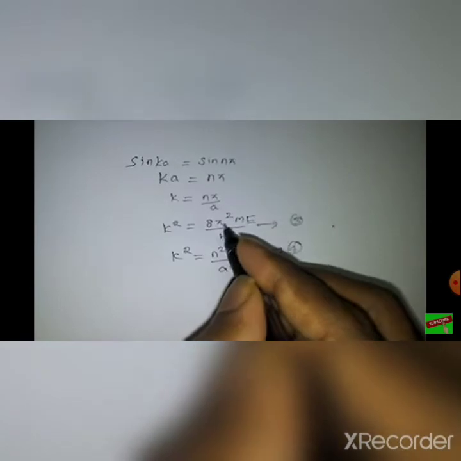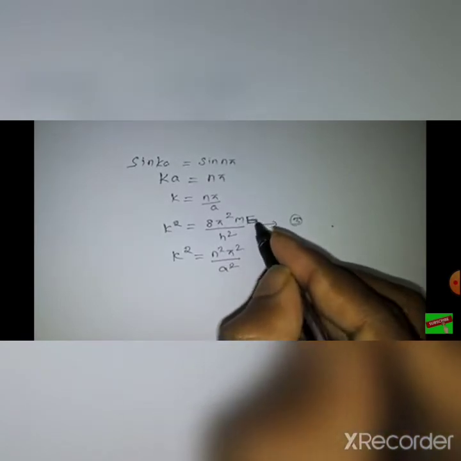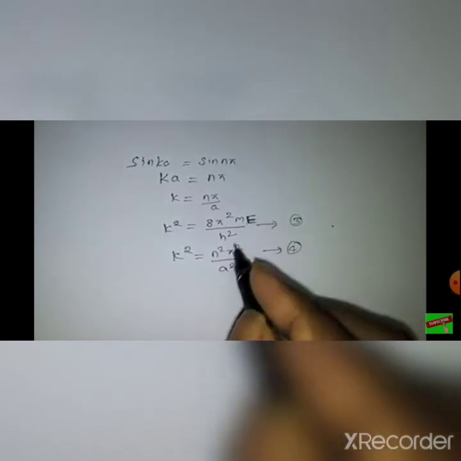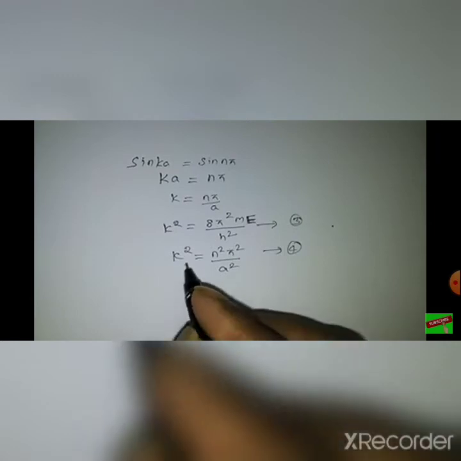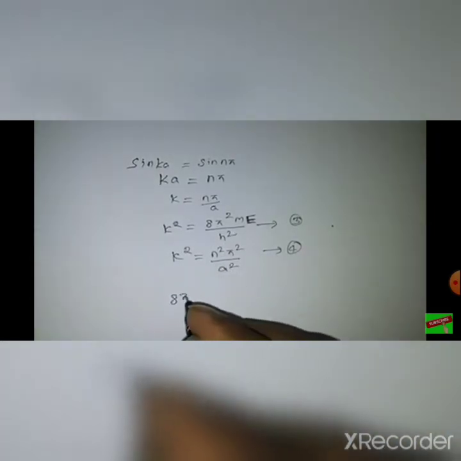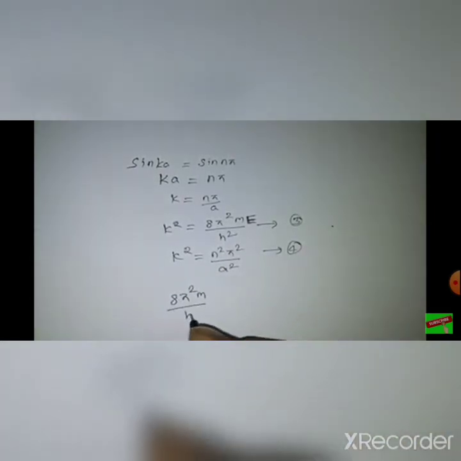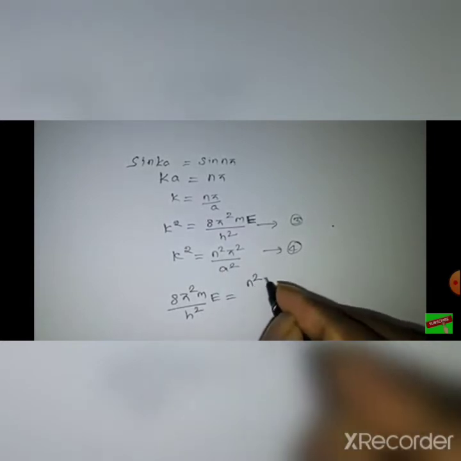So by comparing these two relations, we get the relation between energy and the propagation constant k square: 8 pi square m by h square into E. Next, from the previous condition k is equal to n pi by a, we get n square pi square by a square.